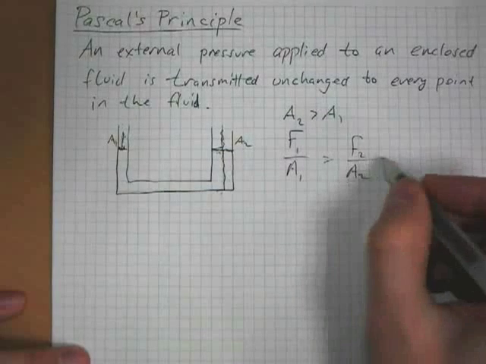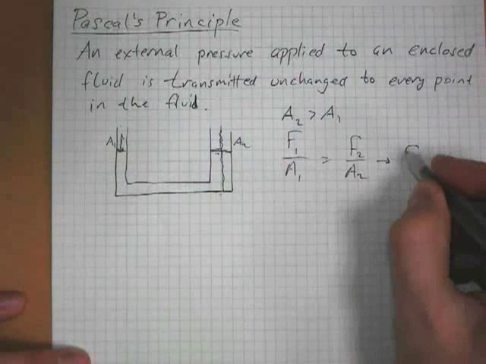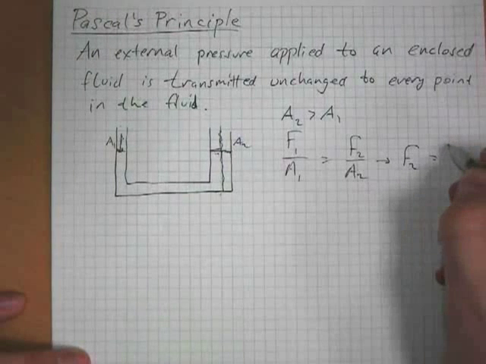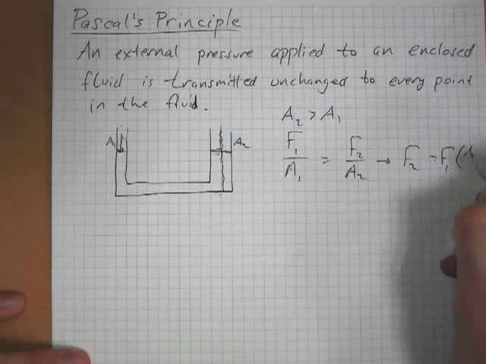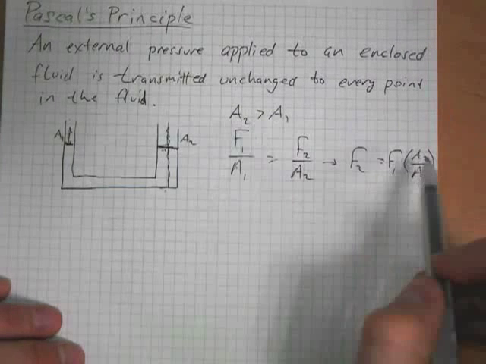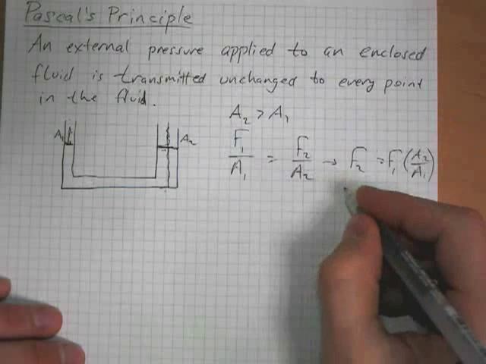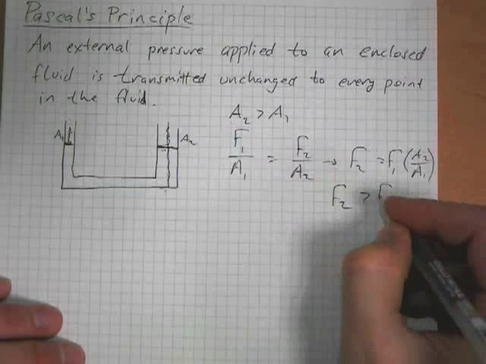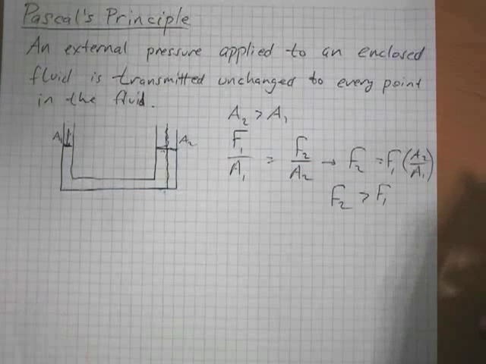So, just following along the math, you can see that our F2 is equal to force 1 times A2 over A1. And we said that A2 is bigger than A1, so therefore the force 2 is bigger than force 1.